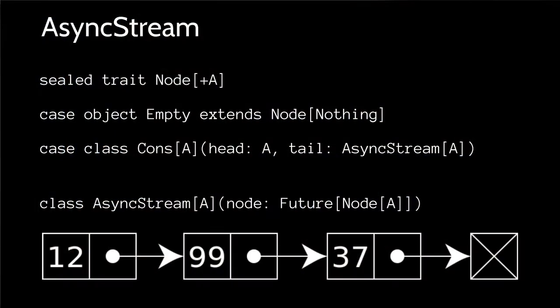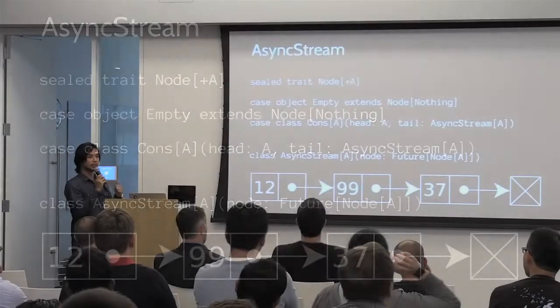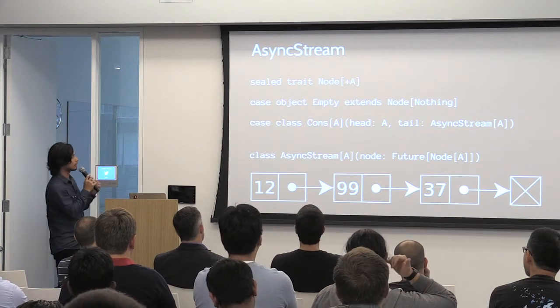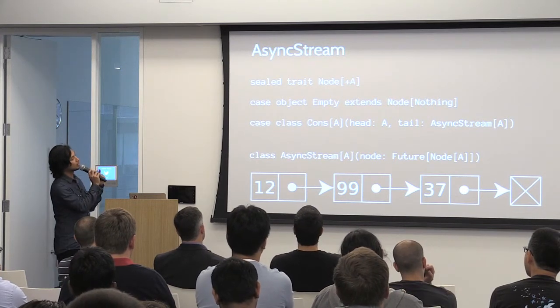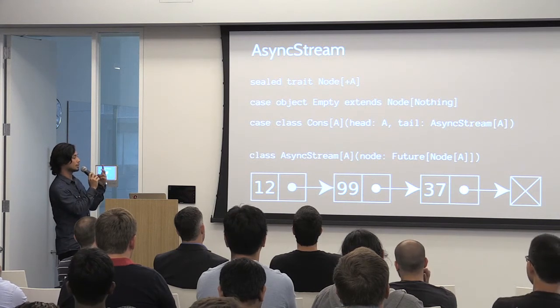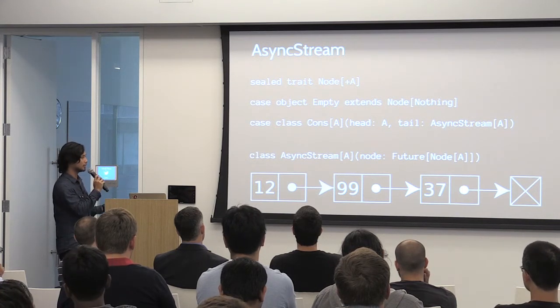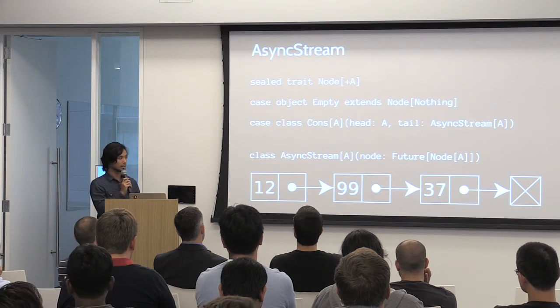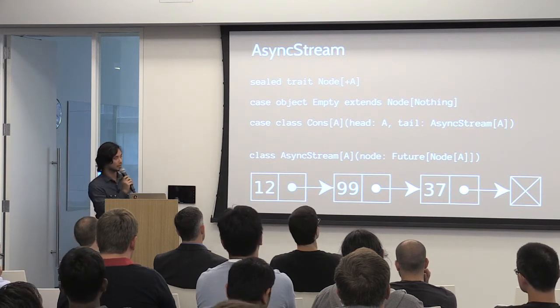So as I said before, it's a chain of these cells where one part is the value and the other part is the rest of the stream behind a future. So how do we do that? Well, we take this thing called Node, a type Node that has two constructors. One is the empty node, which is like that last box there.